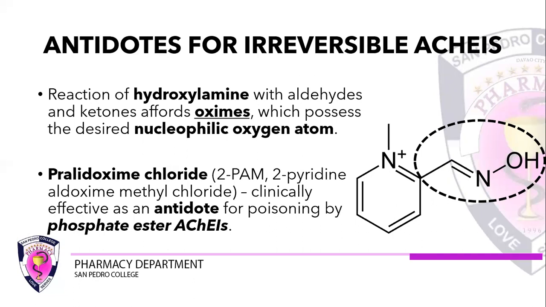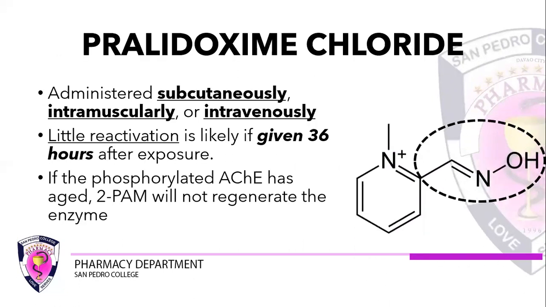So other names, 2-PAM, or chemically known as 2-pyridine aldoxime methyl chloride. It is a clinically effective antidote for poisoning caused by phosphate ester acetylcholinesterase inhibitors. Additional info lang about pralidoxime. It is administered subcutaneously, intramuscularly, and intravenously.